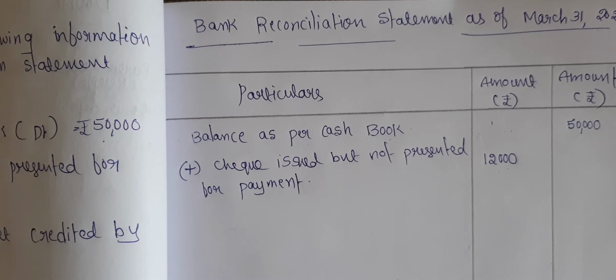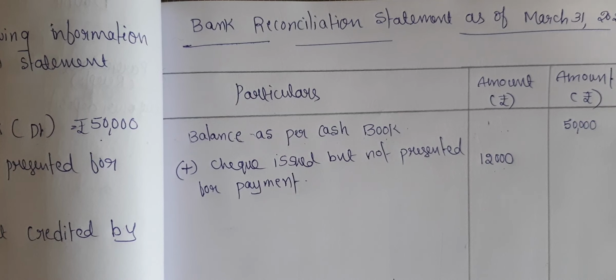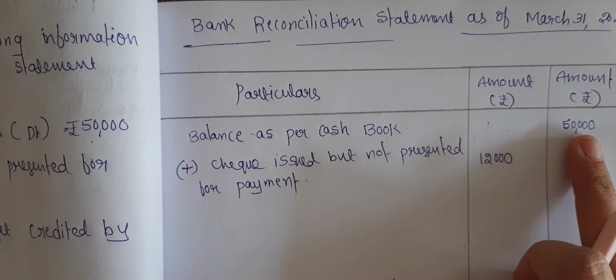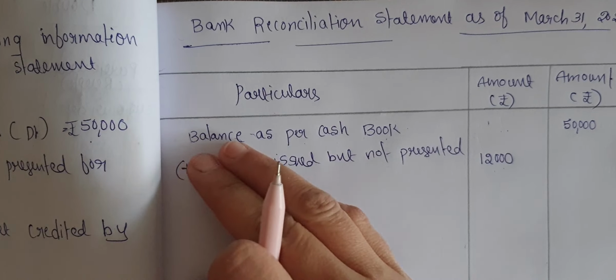First we have to write down balance as per cash book, that is rupees 50,000. Then here we write add, here minus, and here we have to arrive at the balance as per the passbook, because they have given the balance as per the cash book. This is the format of bank reconciliation statement.